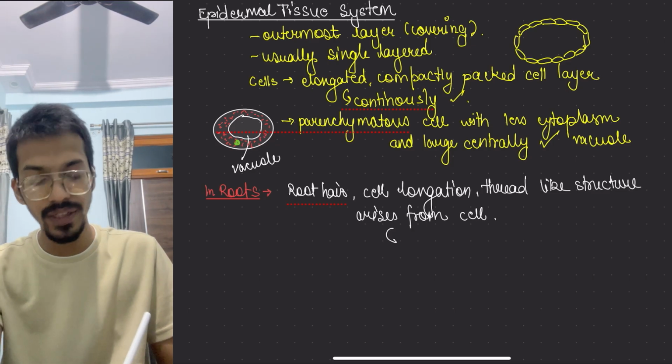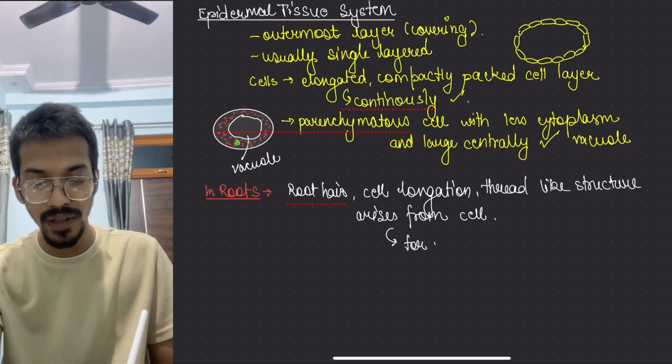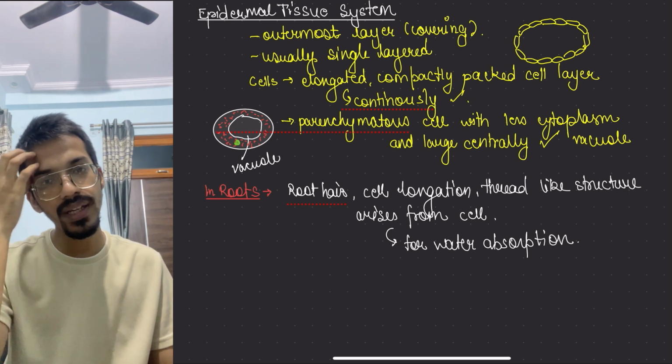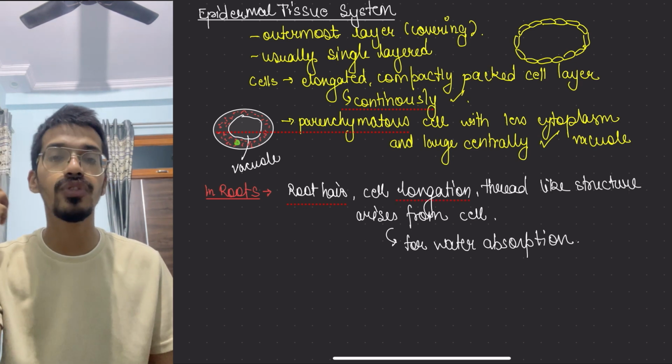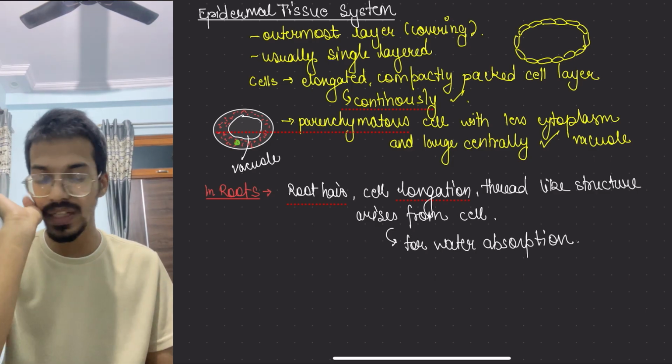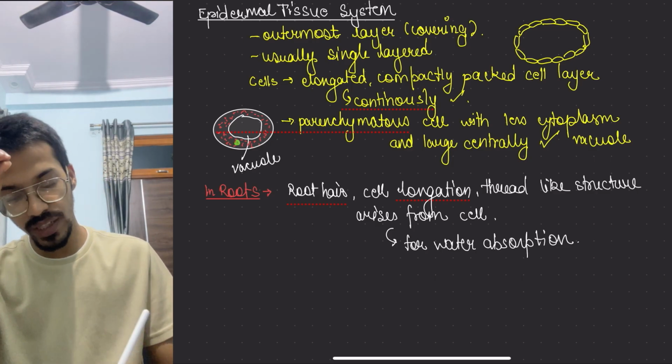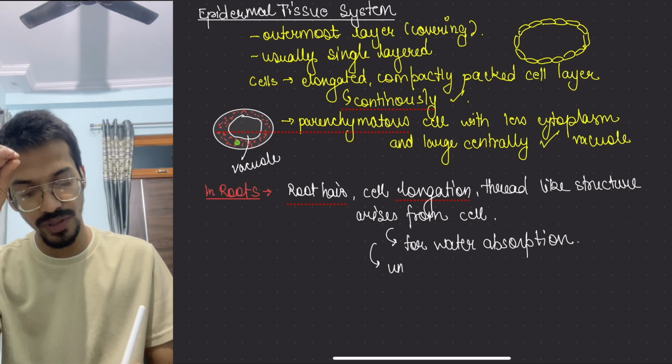What is the reason for it? For water absorption. Okay, so it increases the water absorption from the root area. Now these thread-like structures, these root hairs, they are unbranched.